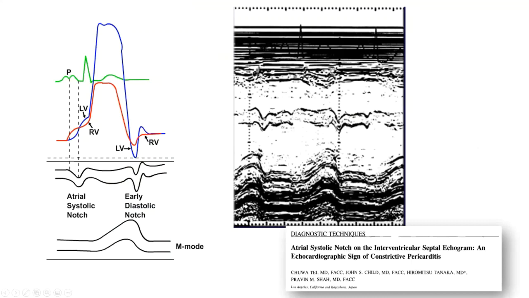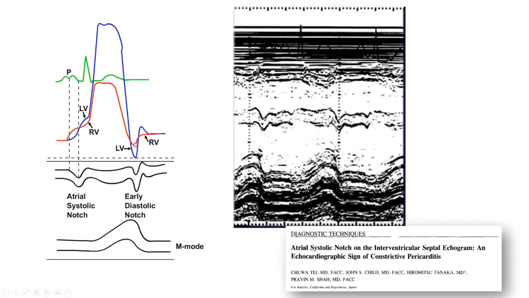This has been known since the 80s as a reasonable sign for constrictive pericarditis. The explanation for this early diastolic notch is not really that clear. In my opinion, what is happening is the left ventricle, by reason of its geometry, is better able to generate diastolic suction than the right ventricle.